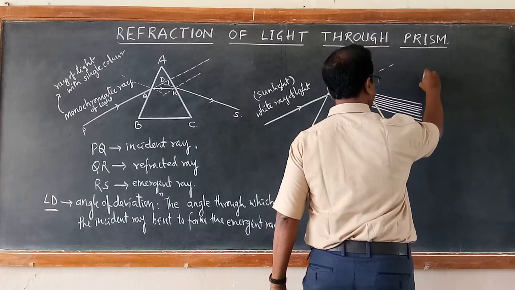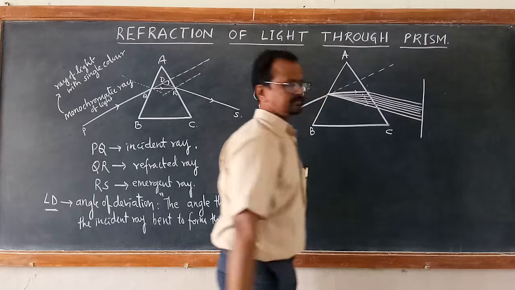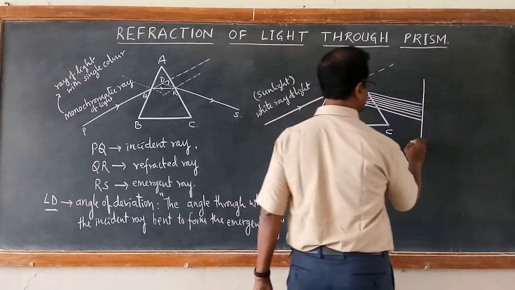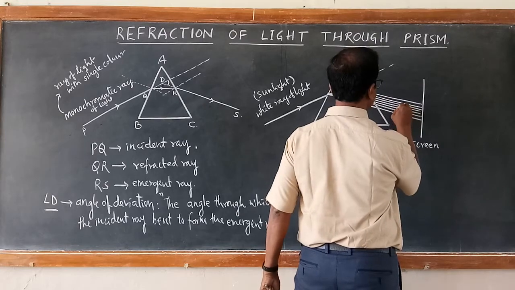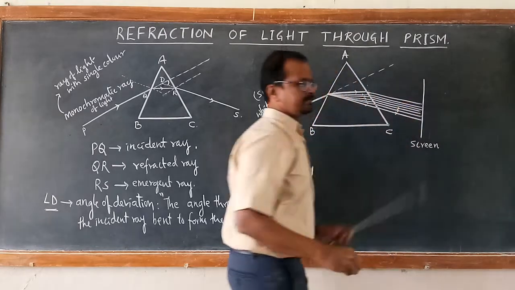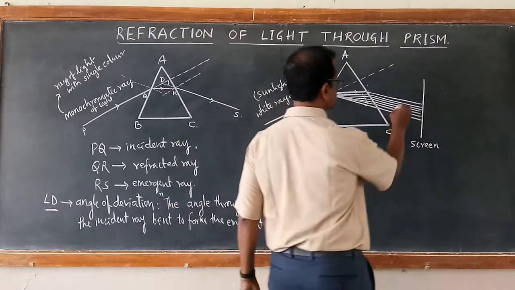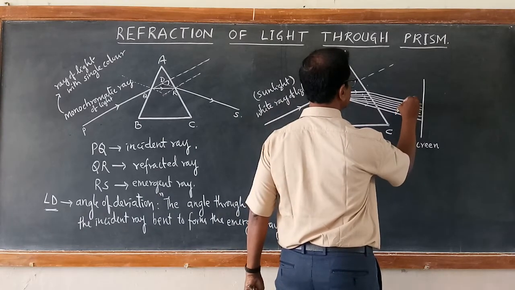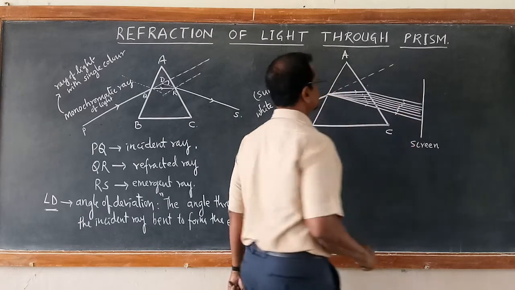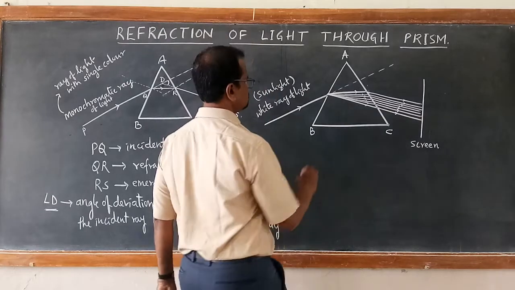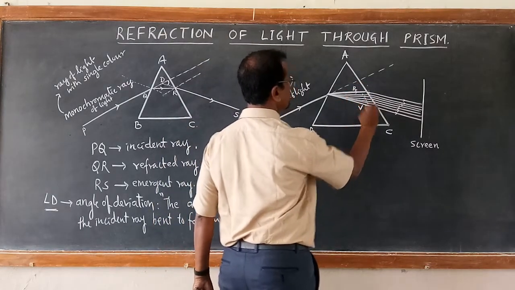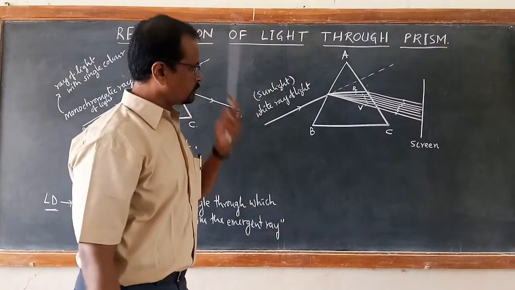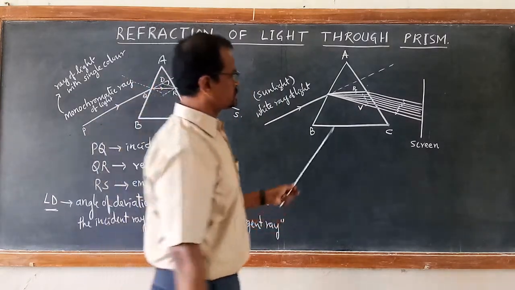So if you keep a screen here, we get a beautiful pattern of 7 colors. And you will find that the top one will be red and the bottom one will be violet. So in between you will get all other colors.